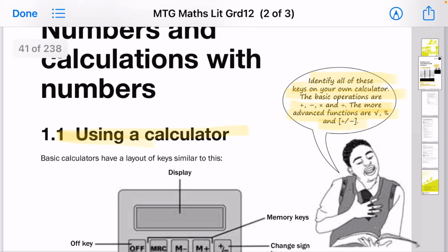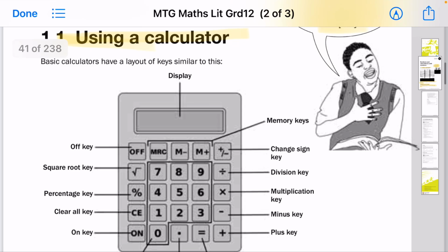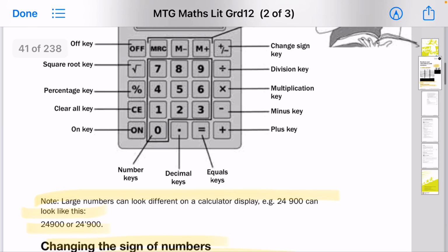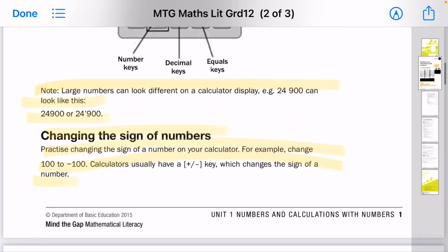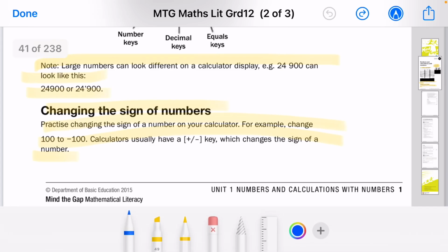They are not that much difficult, ladies and gentlemen. You just need to be able to identify all of those keys on your calculator. Okay, I assume you've got different types of calculators, but the basic keys should be there on each and every calculator.